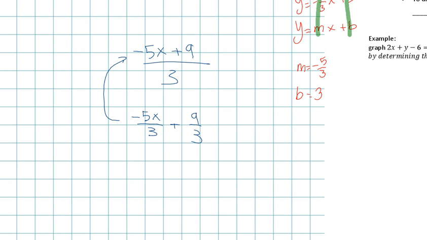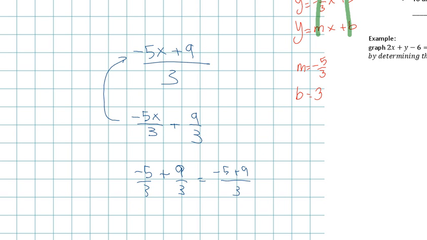Let's say you have negative 5 plus 9, all over 3. Add them for me. What would it be? Negative 5 plus 9 over 3. These are the same thing, correct? Yes. Negative 5x plus 9 all over 3 is equivalent to negative 5x over 3 plus 9 over 3. I just showed it to you right here with numbers, right?